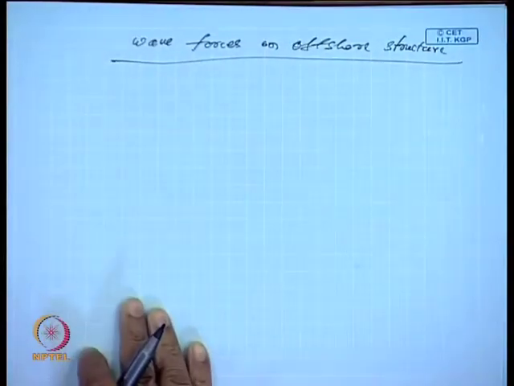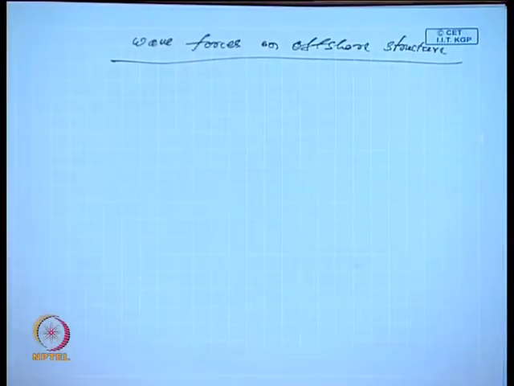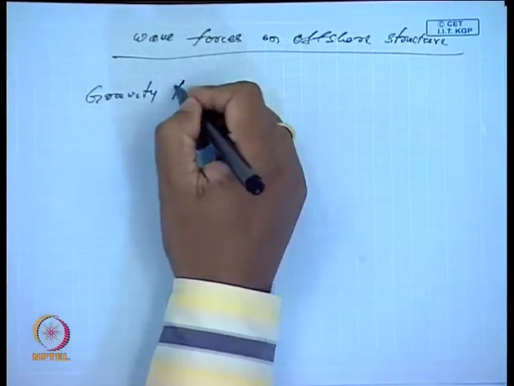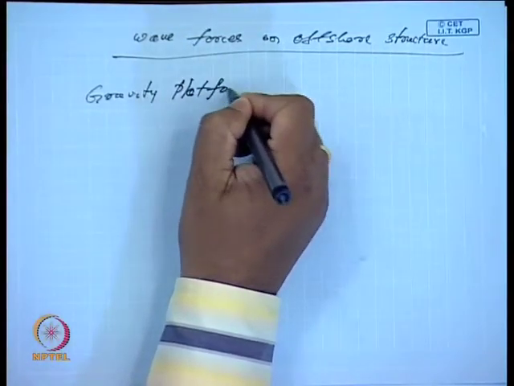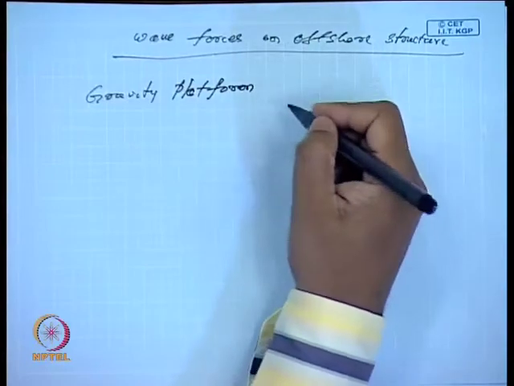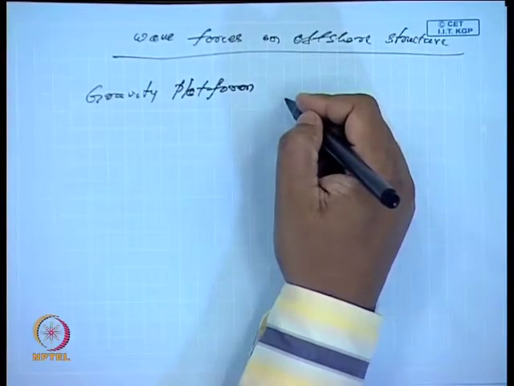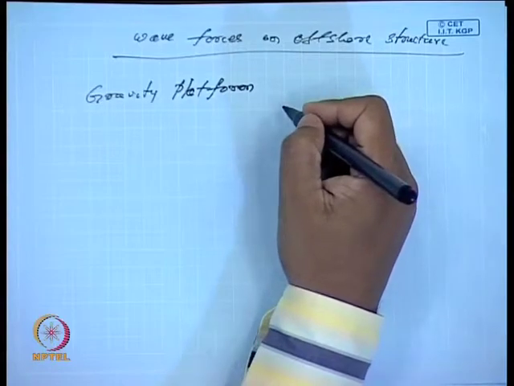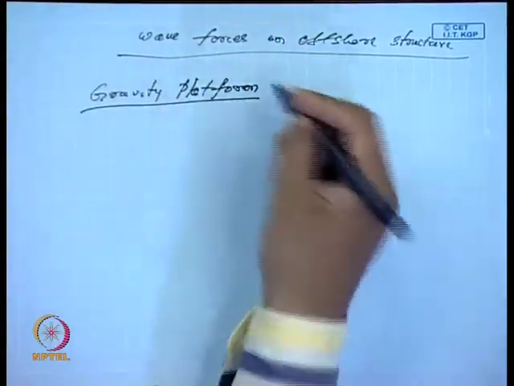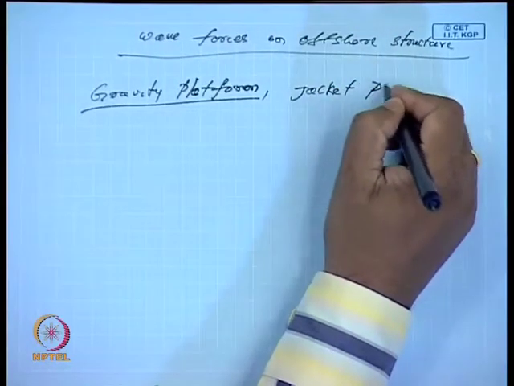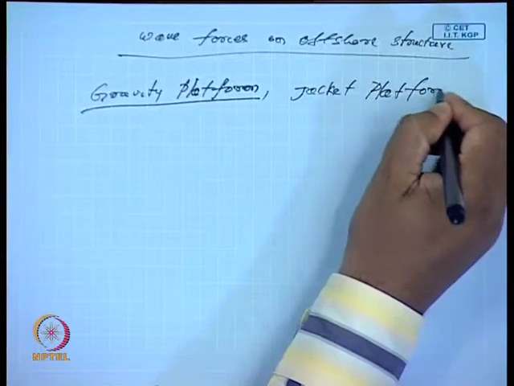When we look at offshore structures, these are large structures, and there are various types of offshore structure: gravity platforms, or oil rigs for the exploration of oil from the seabed and other activities. We have various gravity platforms, jacket platforms, and many others.